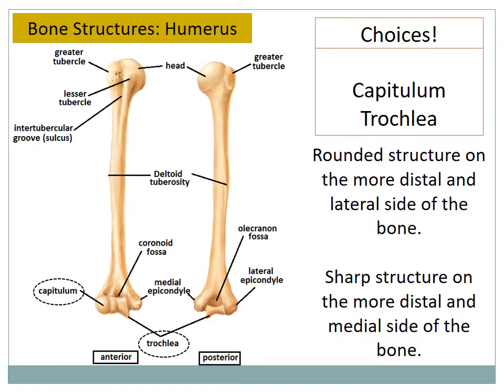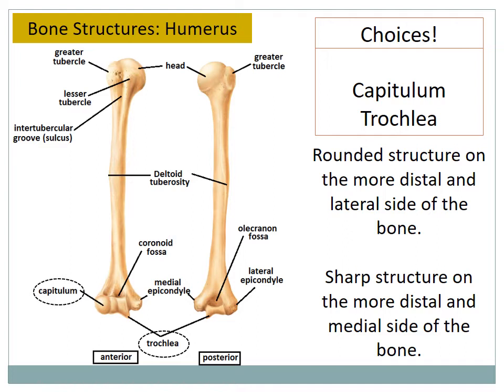Which one is a rounded structure on the more distal and lateral side of the bone? Yeah, that's the capitulum. And which one is the sharp structure on the more distal and medial side of the bone? Yeah, that's the trochlea.